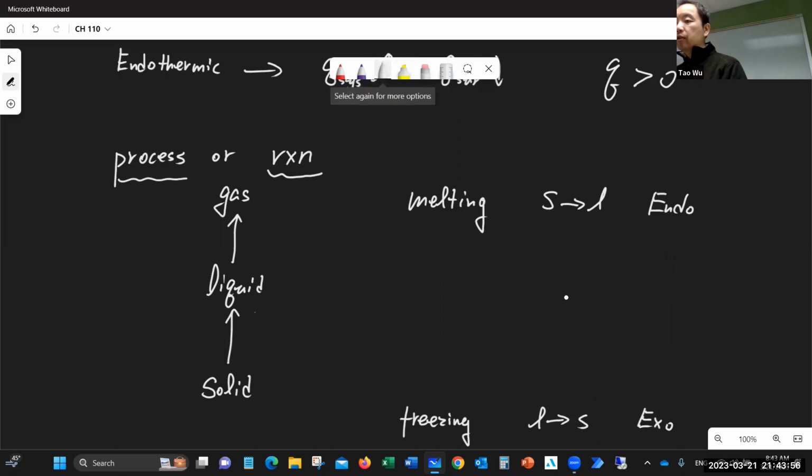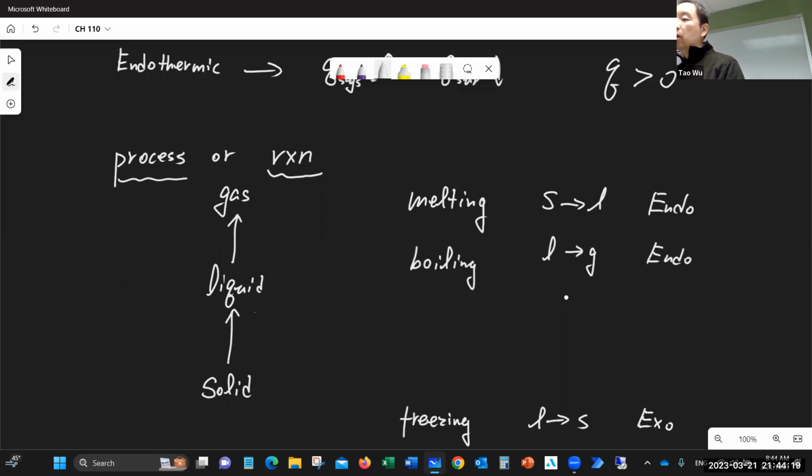Then you will see that from liquid to gas is doing the same thing as solid to liquid. From liquid to gas, from low temperature to high temperature, is still endothermic because the system needs to absorb the heat. That's boiling.